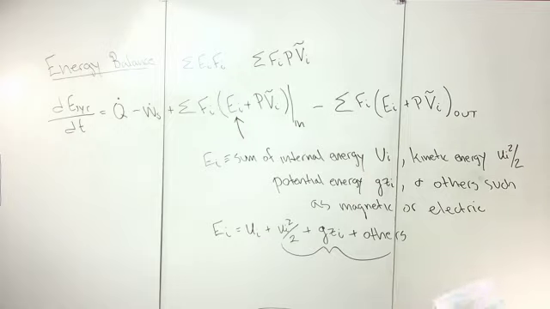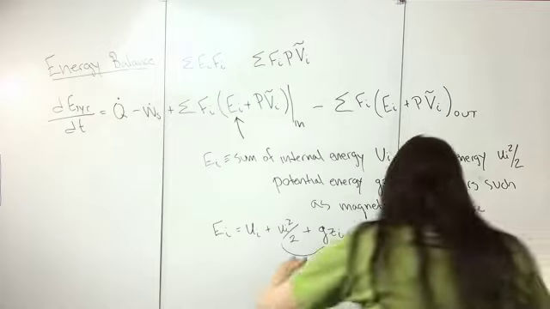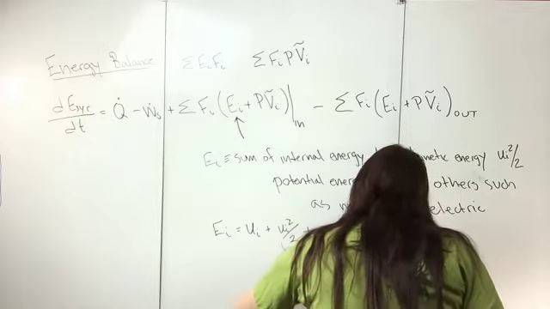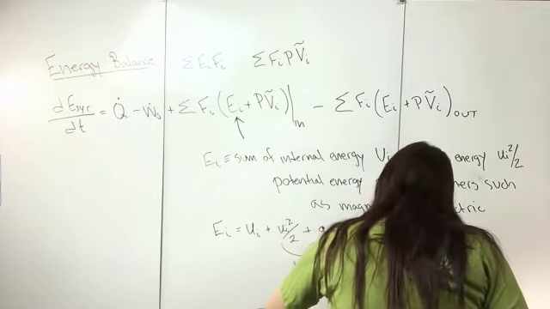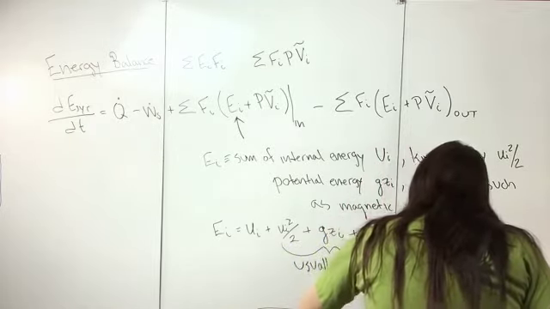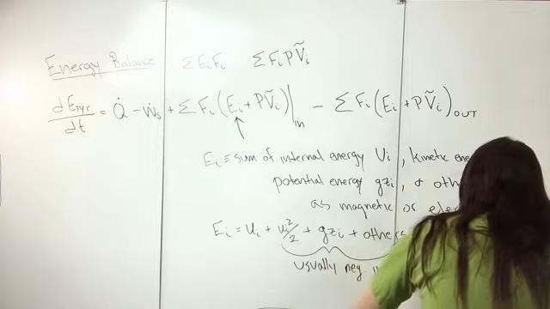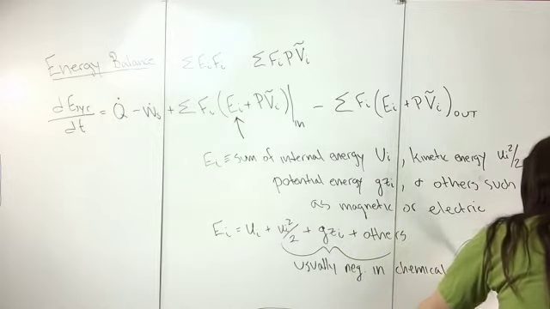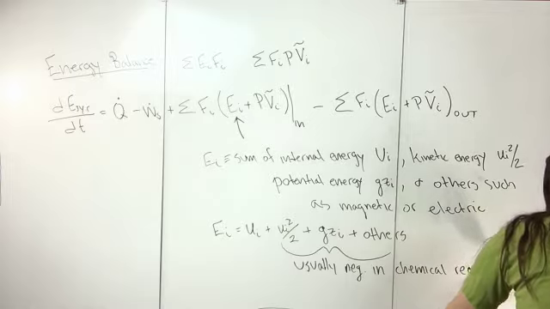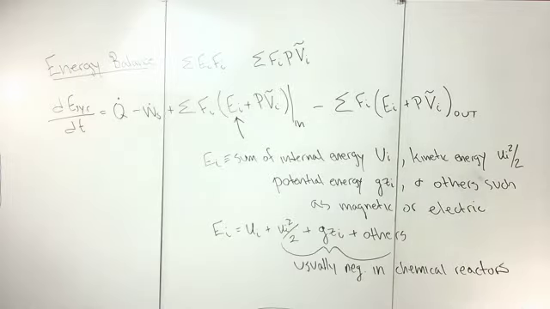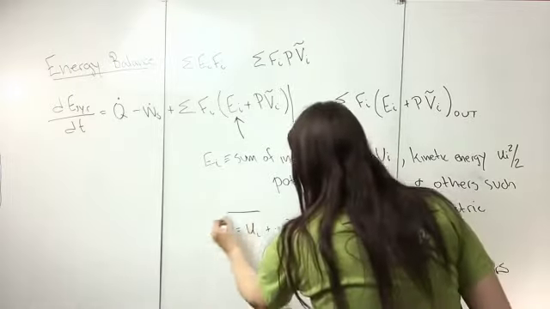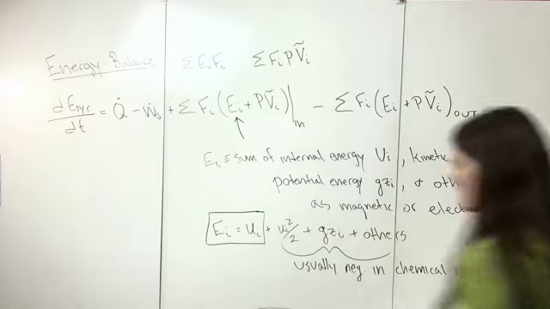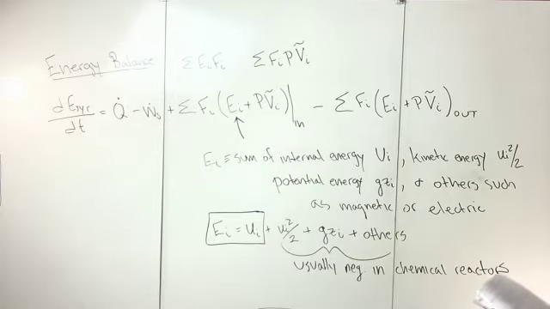But in most cases, this is usually negligible. So usually in chemical reactors, you can say that Ei is only equal to the internal energy.